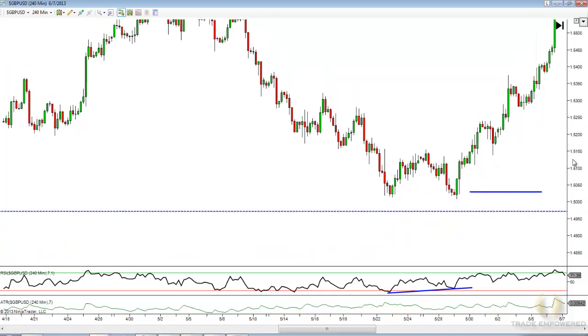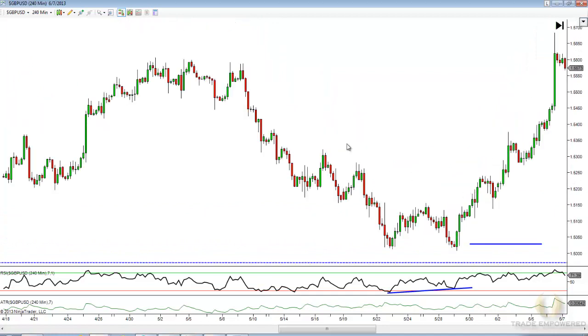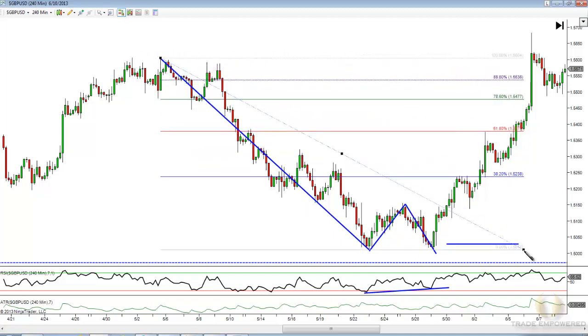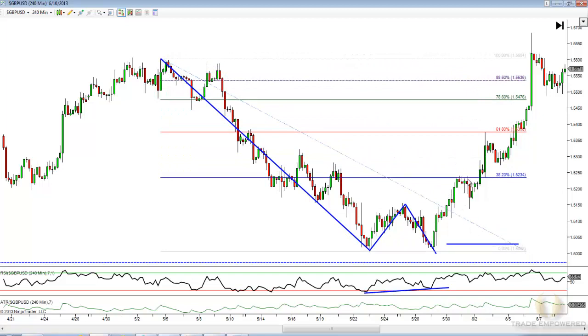For targets, I'm going to take my Fibonacci retracement tool from my last move. So this is the big move, shoot down, boom, into our double bottom. I'm going to take my Fibonacci tool from the start of this move to the low of this move.